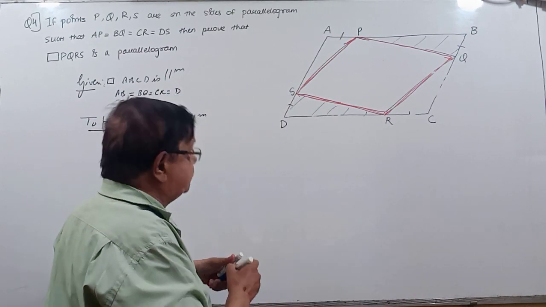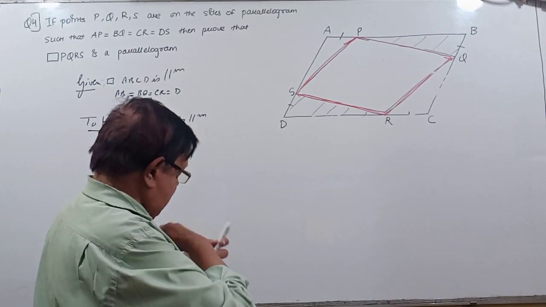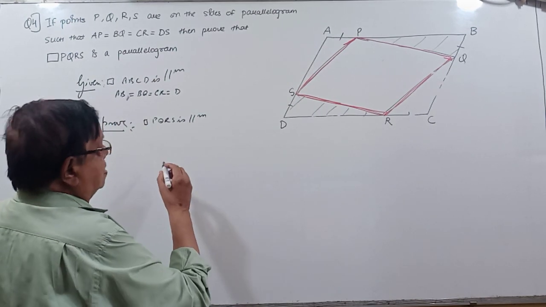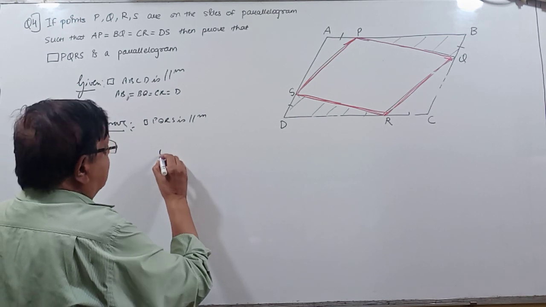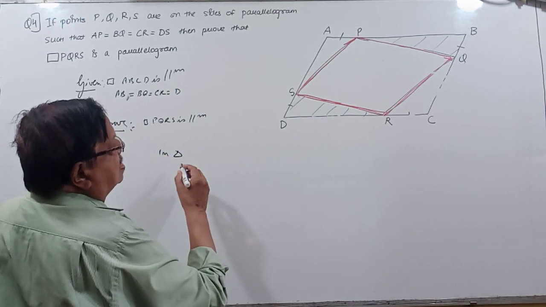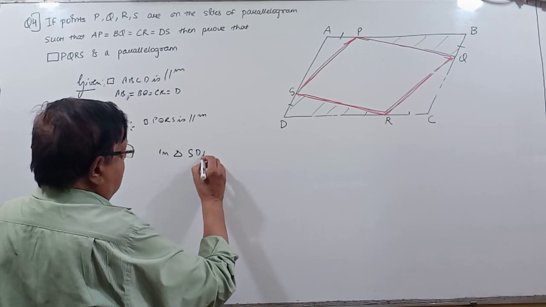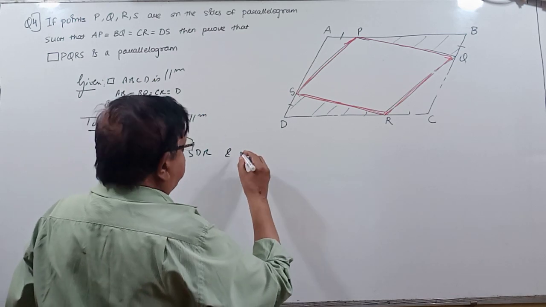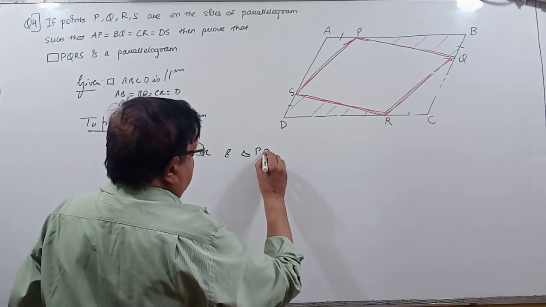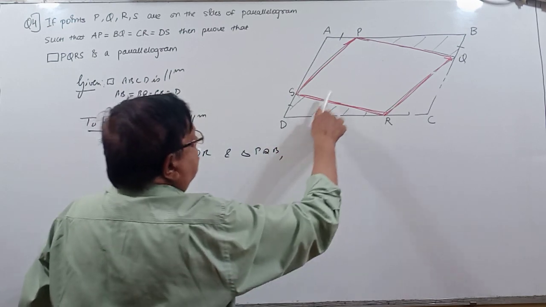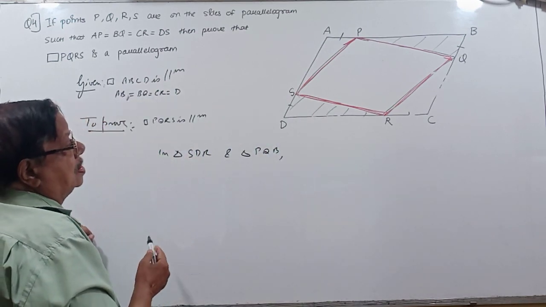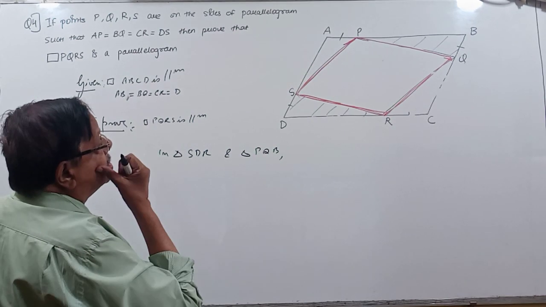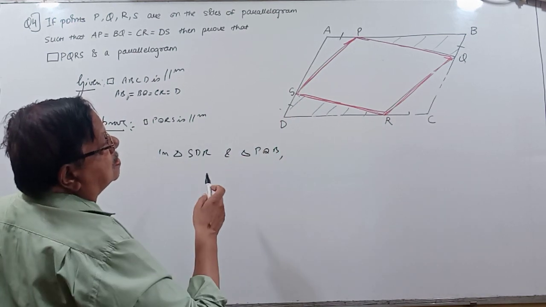These two triangles we'll take and say that in triangle SDR, which I have shaded, and triangle PQB, in these two triangles, look here: SD congruent to PQ.